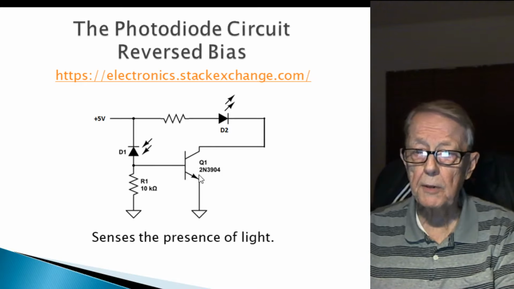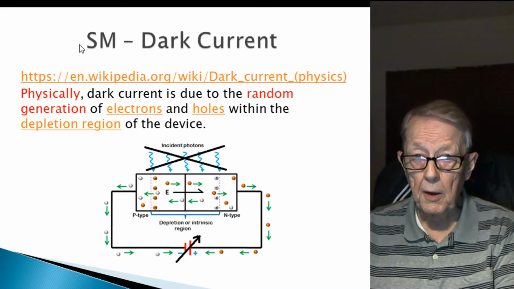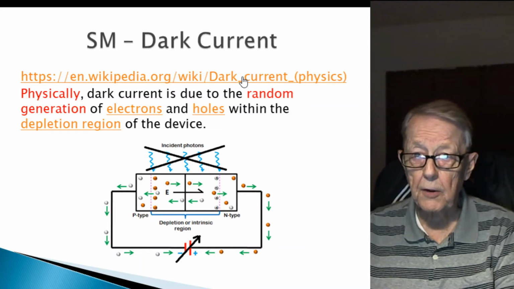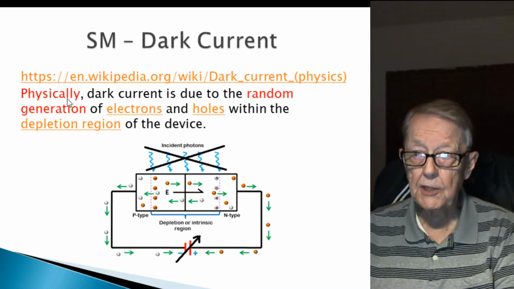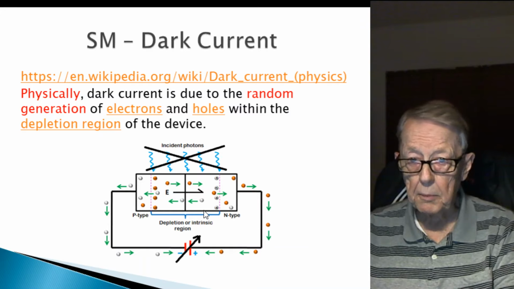So let's look at the standard model of dark current, and what the definition of dark current is physically. They're saying this is a physical explanation. Dark current is due to the random generation of electrons and holes within the depletion region of the device. And this is the depletion region.